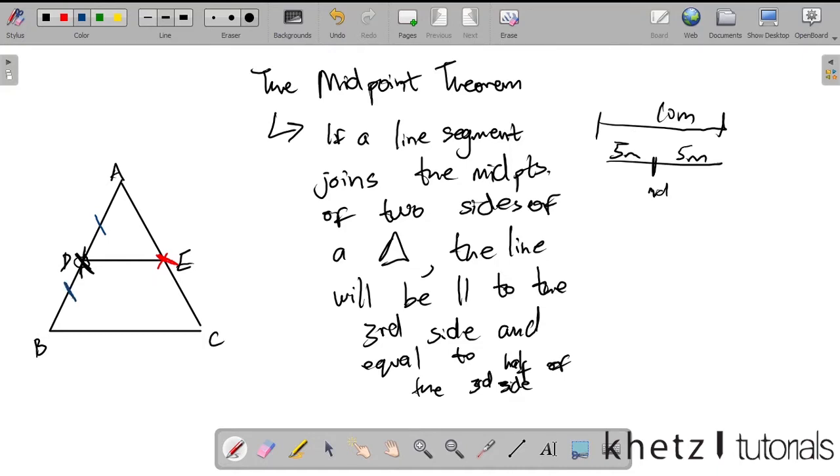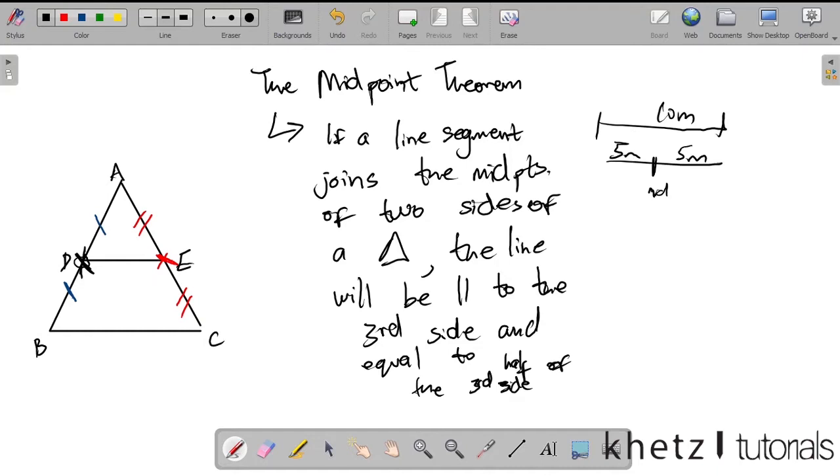Don't mind the proportions; I haven't drawn this exactly to scale, which is why AD and BD don't look exactly the same, but I want you to understand the theorem. So D is the midpoint, which means AD and DB are equal, and also AE and EC are equal.